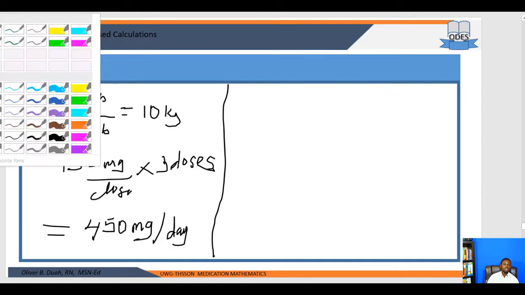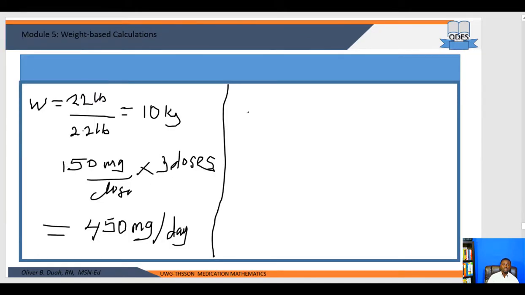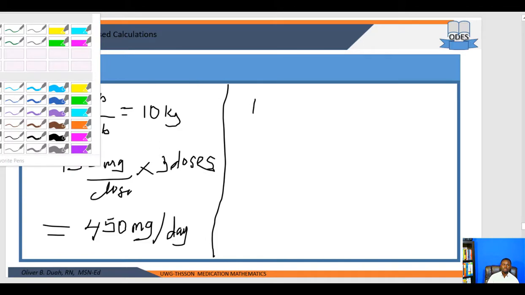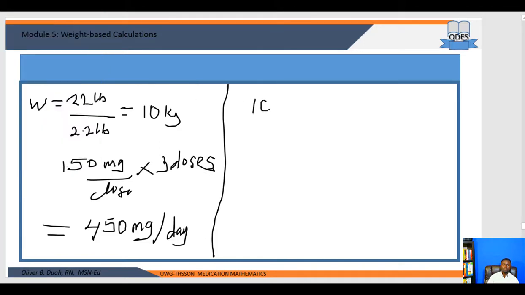So we are going to multiply our weight, which is 10 kilograms, by the upper limit of the therapeutic range, which is 40 milligrams per kilogram.